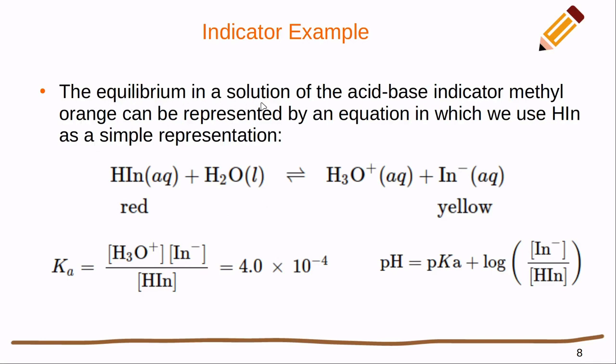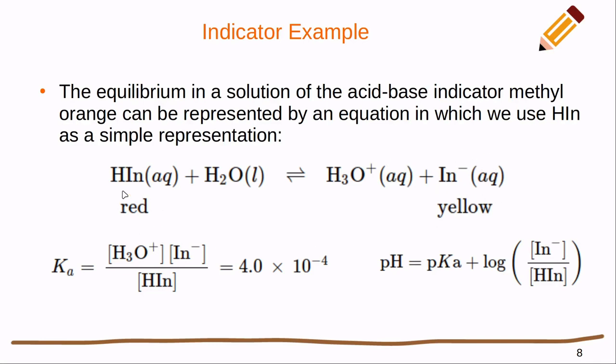The equilibrium in a solution of an acid-base indicator, say methyl orange, can be represented by an equation in which we use HIN, so hydrogen bound to the indicator, as a simple representation. So here I have the acidic version of the indicator. I add it to water, it produces hydronium, and then the conjugate base of the indicator.